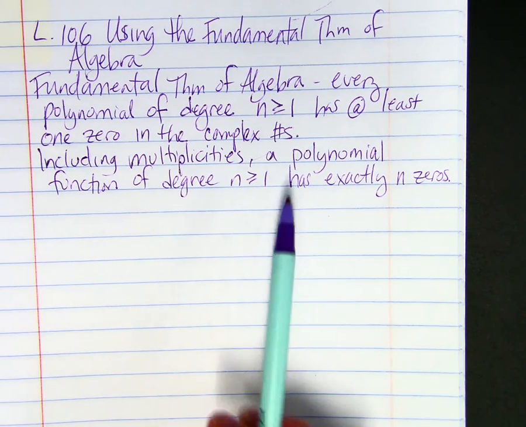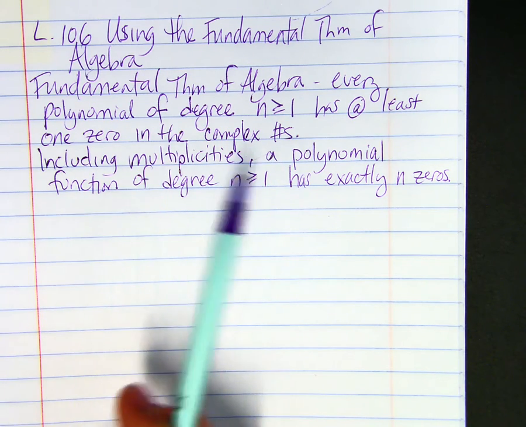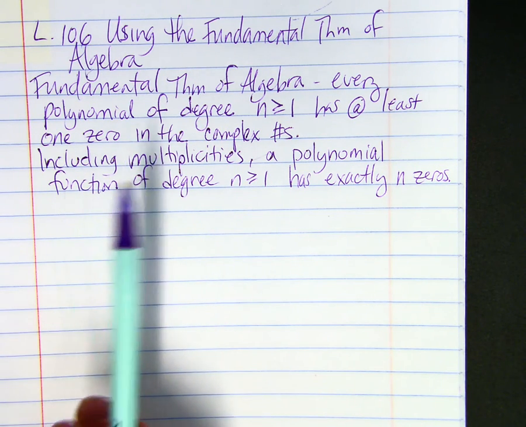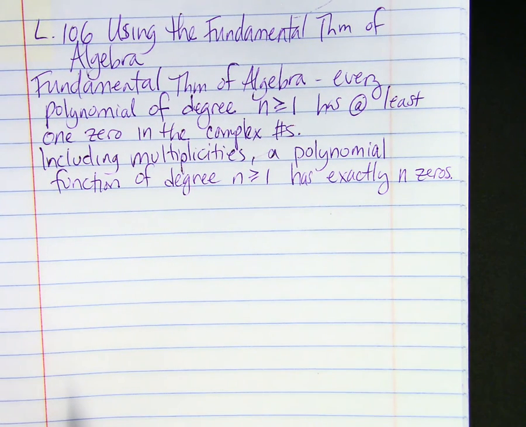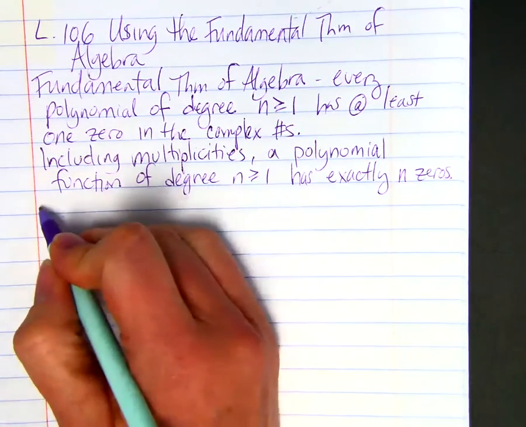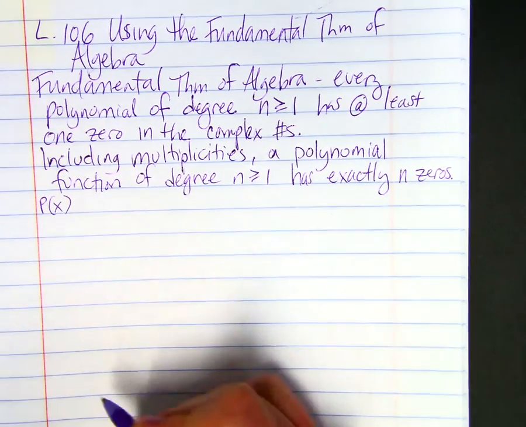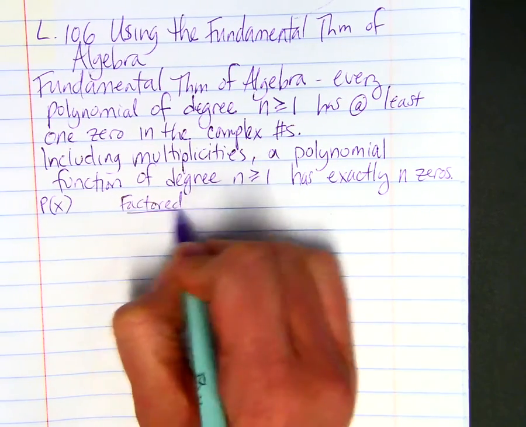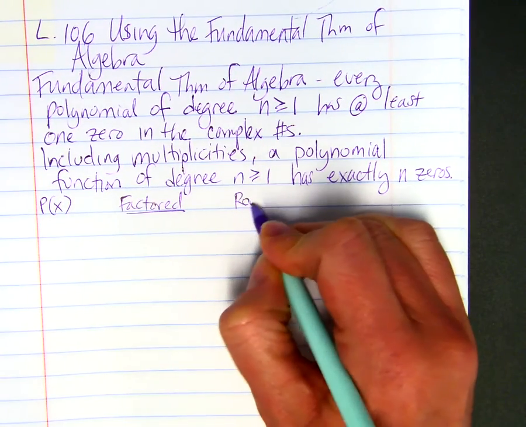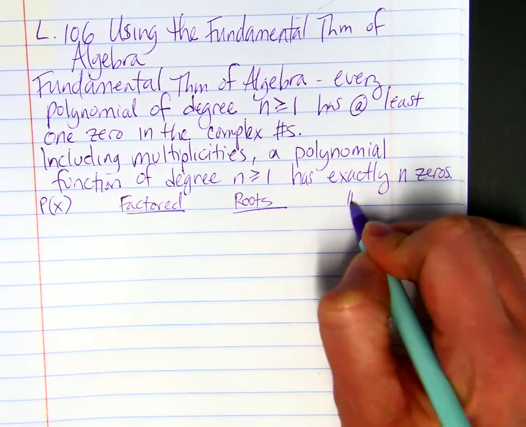So every polynomial has at least 1 zero in the complex numbers. So we're going to look at some examples. I'm going to give you a polynomial, we're going to write it factored, then we're going to write our roots and how many roots we found.